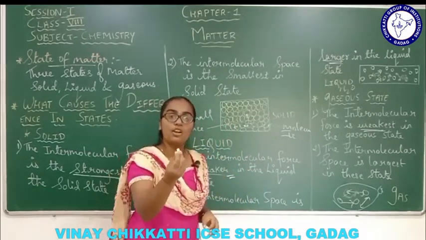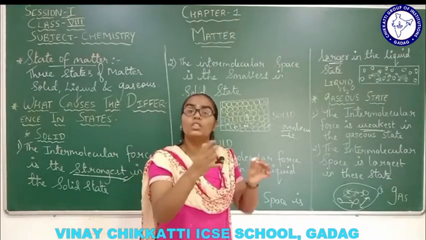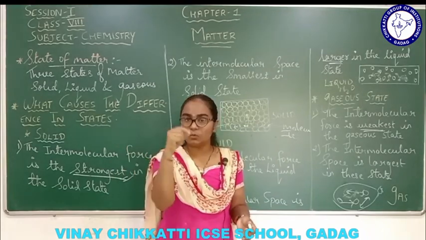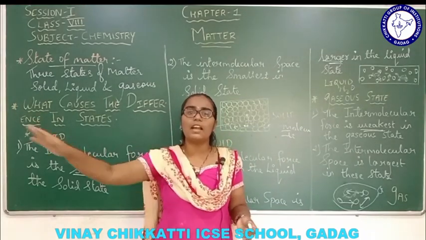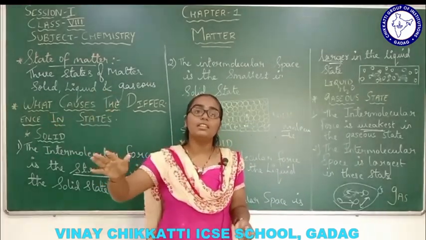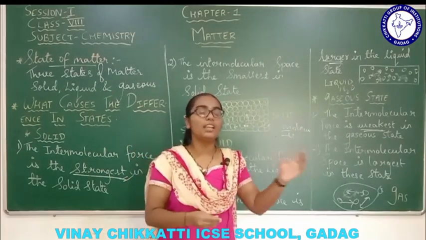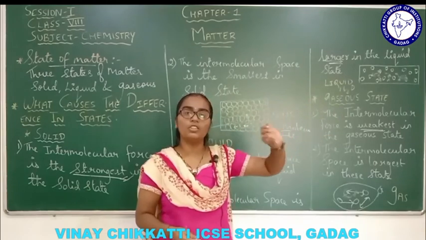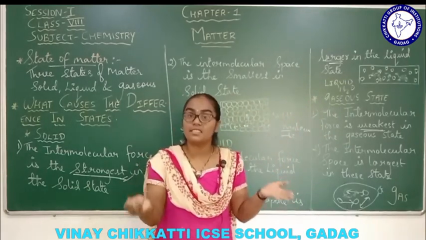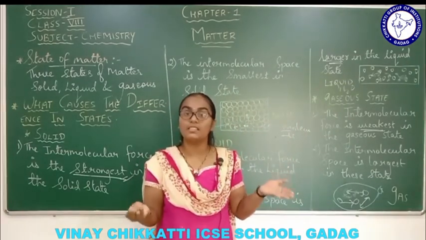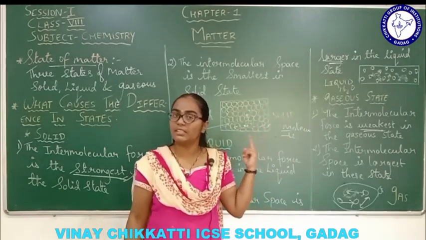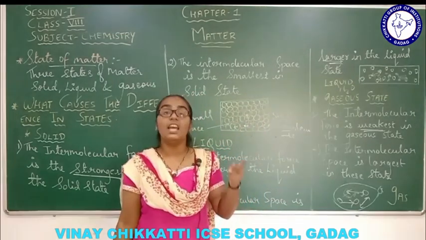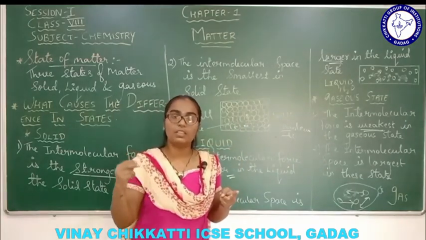For example, a wooden desk is made up of wood molecules, the same kind of molecule present throughout, but solid differs from liquid. Liquid water is made up of water molecules, so why the difference in the state of matter? The state of matter differs because of these two important keywords, intermolecular force of attraction between the molecules and the intermolecular space between the molecules.